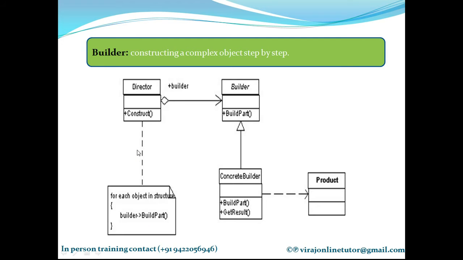Meaning I have a complex object to be created, but I am creating that object in small parts. Suppose I want an entire car to be built. I am dividing the car into small parts like door, window, steering wheel, wheels, mud flap. So I am dividing the car creation into small component creation.